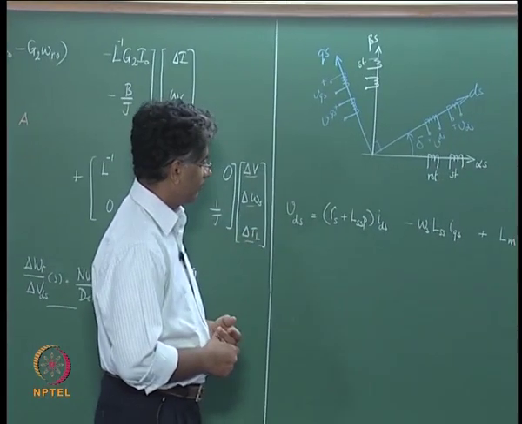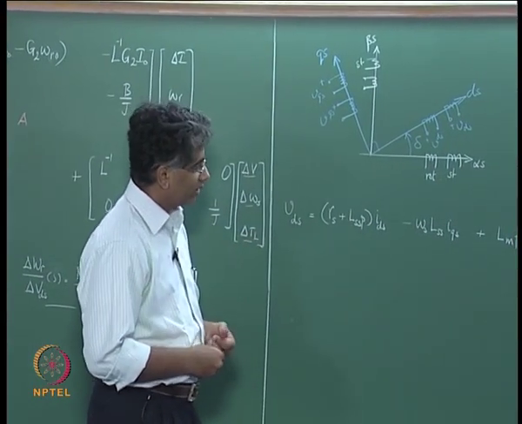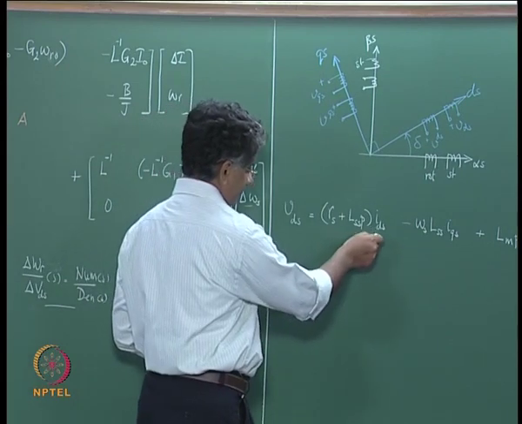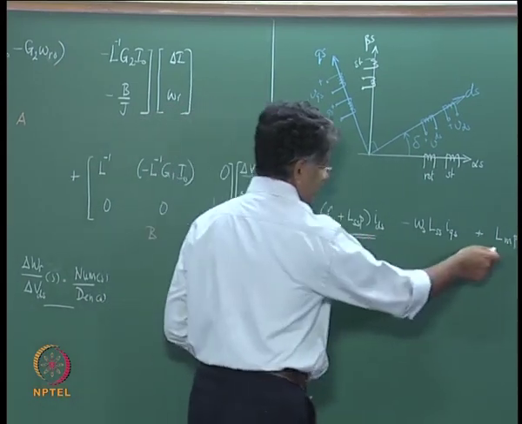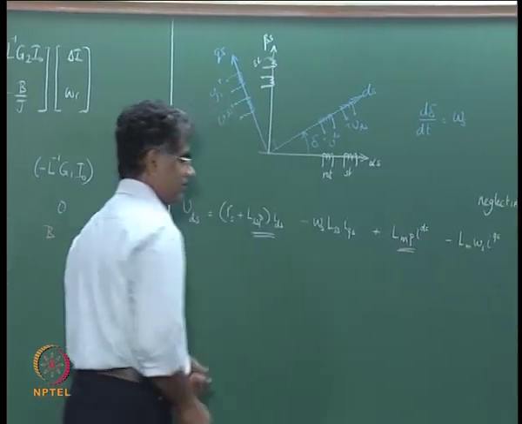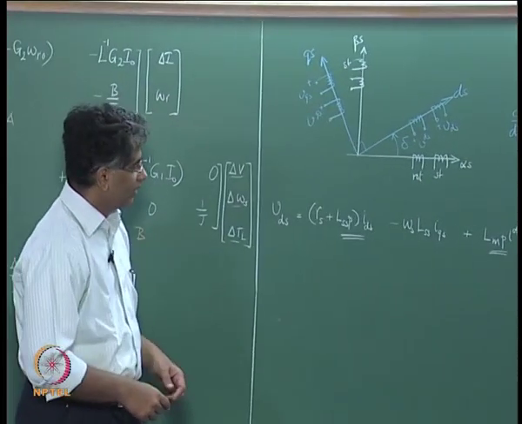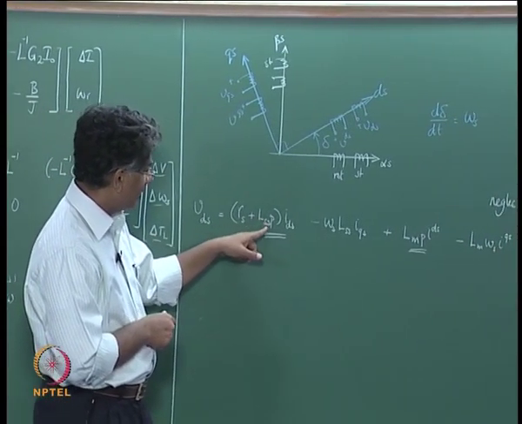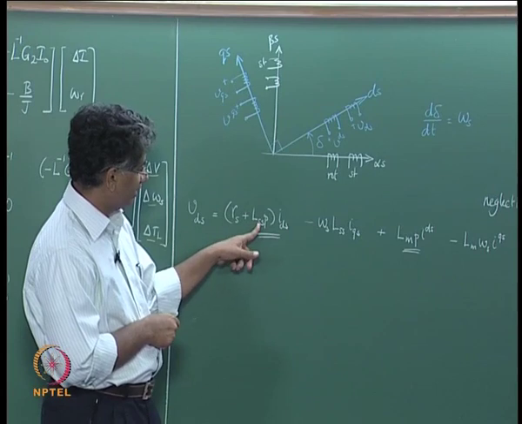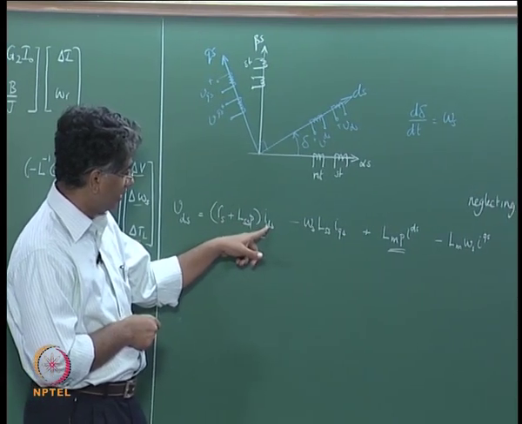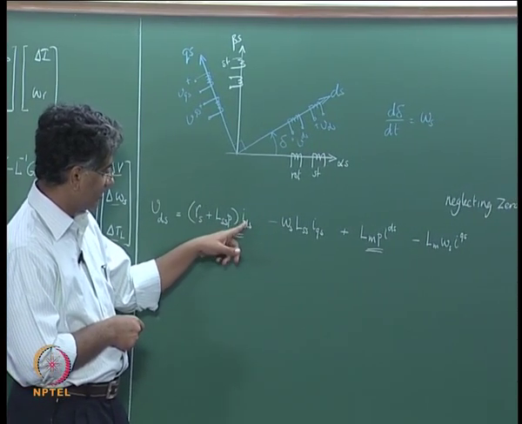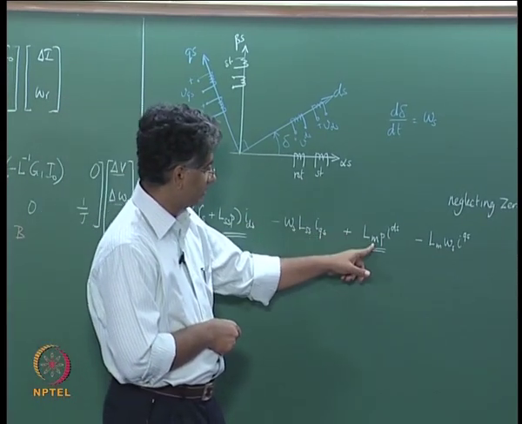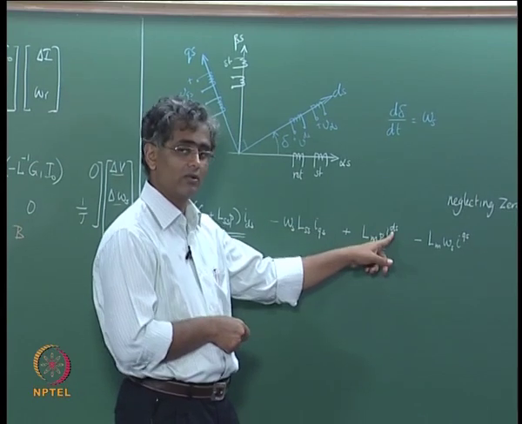This is what you therefore have, and if we look at this, one can see that this term is a di by dt term and this term is a di by dt term. It sort of looks like a d by dt of self inductance of the stator multiplied by the direct axis, the ds flow of current, plus a mutual inductance with the d flow of current in the rotor.